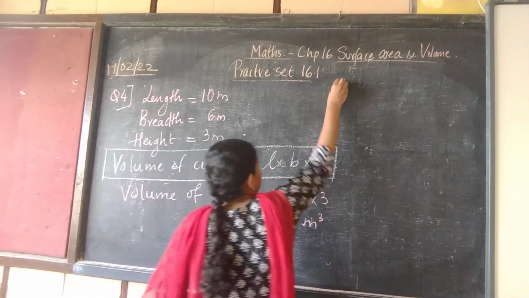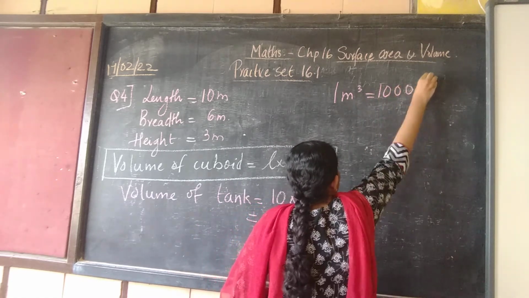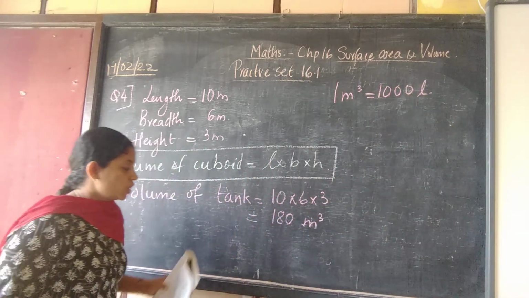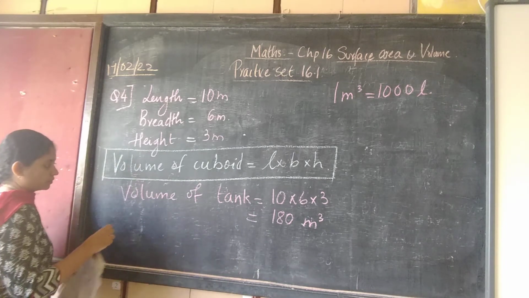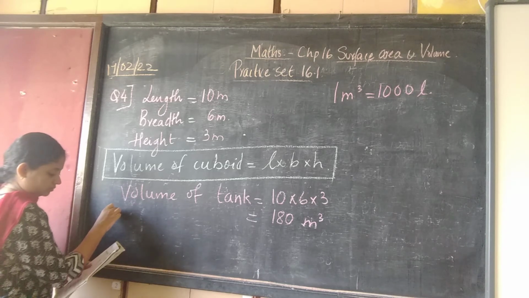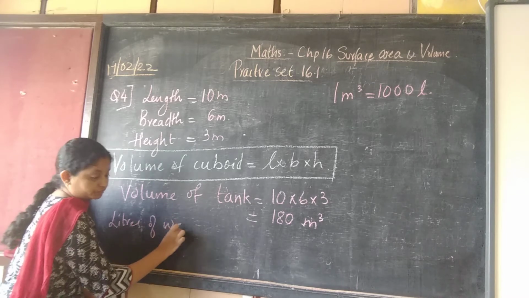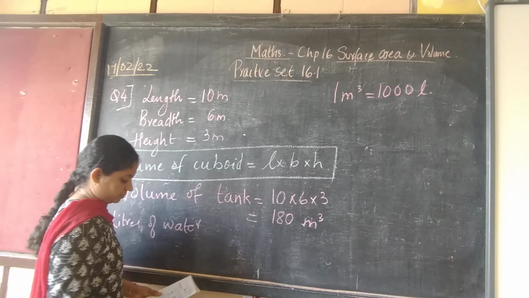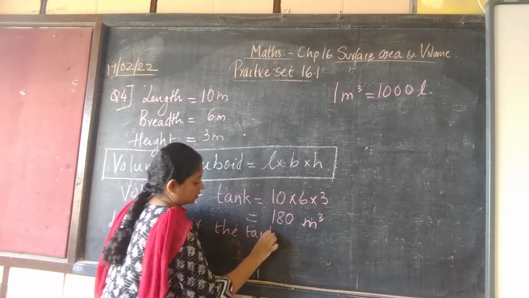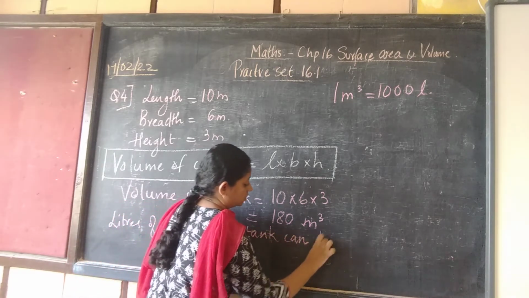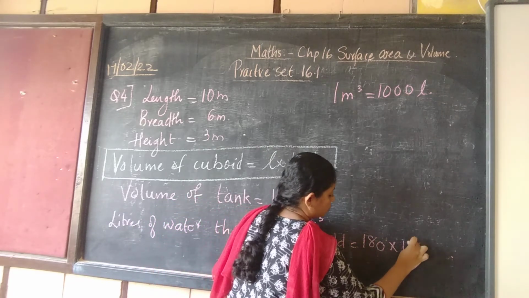1 cubic meter is equal to how many liters? 1000 liters. So 180 meter cube is nothing but, therefore you can write, liters of water the tank can hold is equal to 180 into 1000.